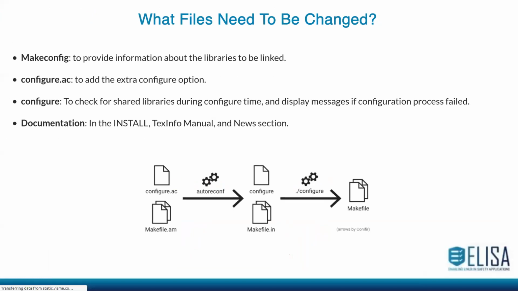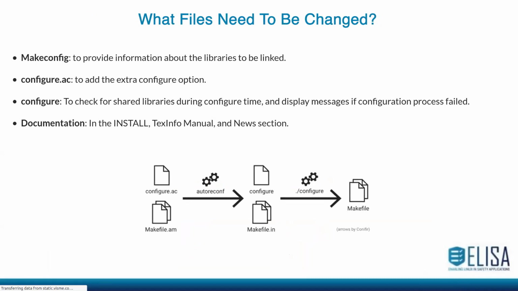So, which files did we need to change to accomplish this? We had to change make config. In make config, we provided the information about the libraries that had to be linked at the link time. Configure.ac, so basically glibc uses the GNU auto tool system.